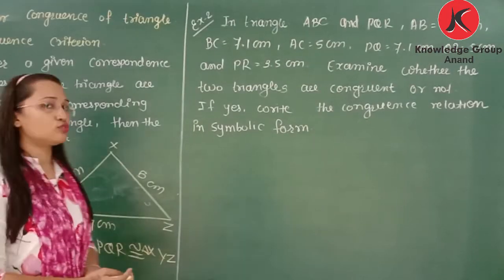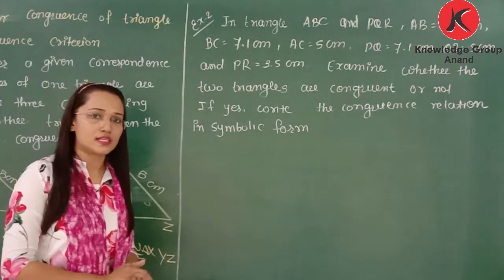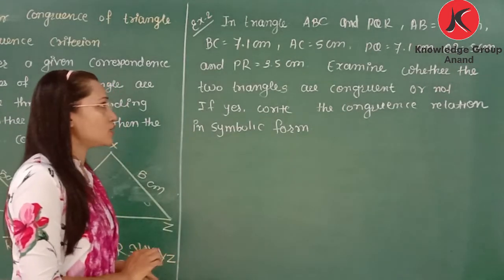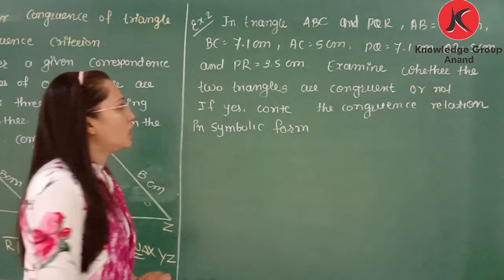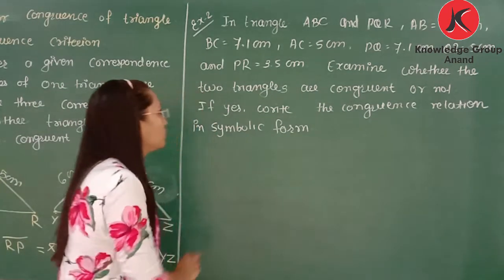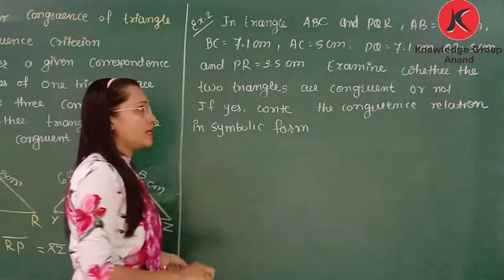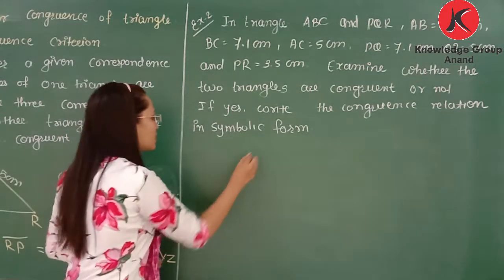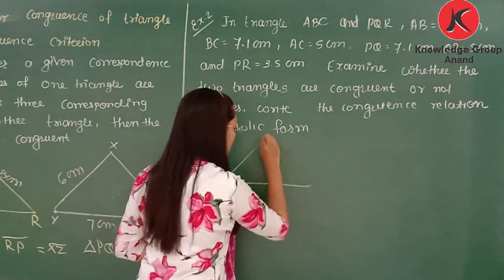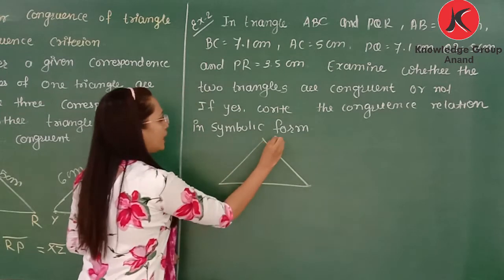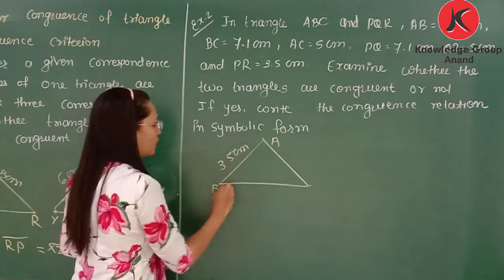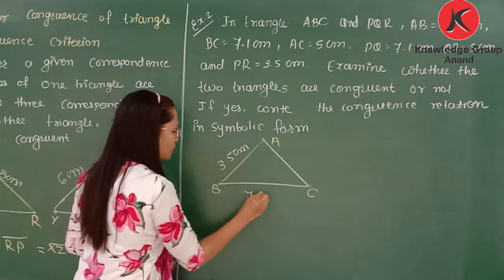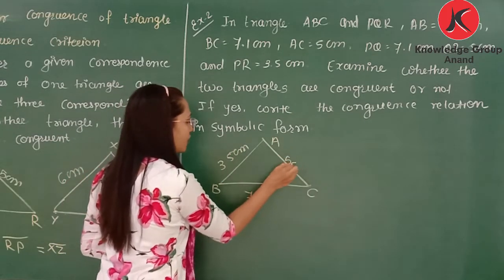Now here example 2 is given based on SSS criteria. In triangles ABC and PQR, AB is 3.5, BC is 7.1 and AC is 5 cm. So let's draw a triangle in which AB is 3.5 cm, BC is 7.1 cm and AC is 5 cm.